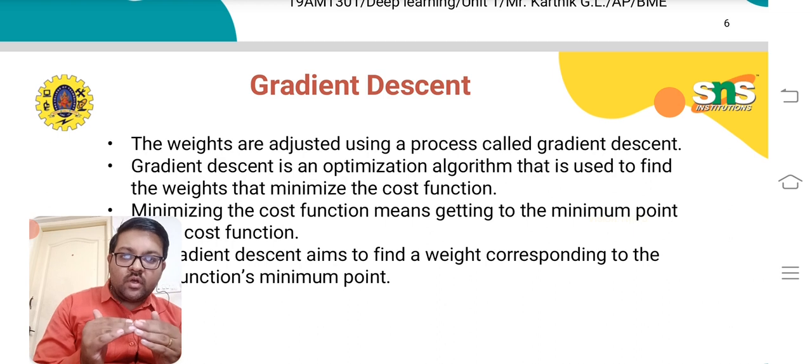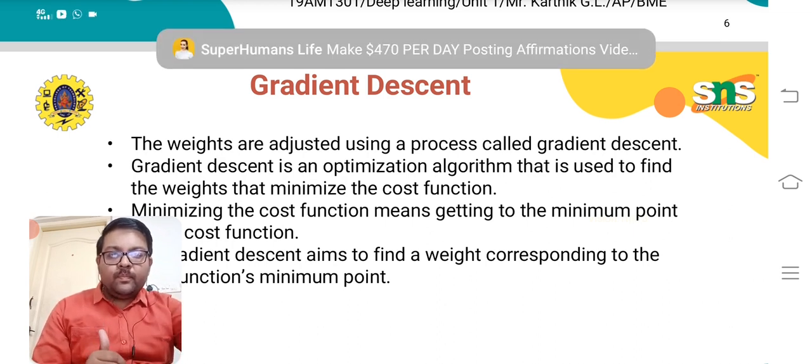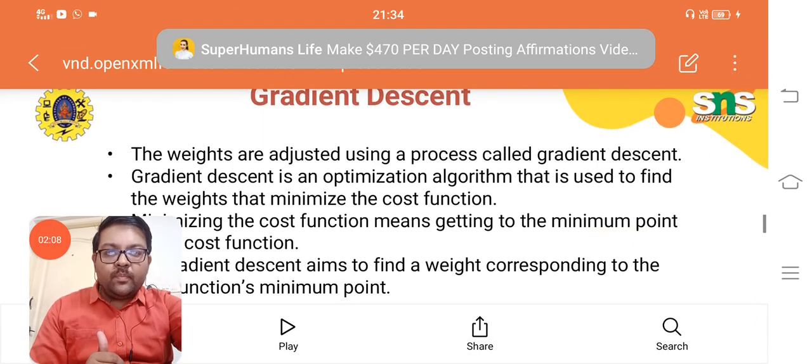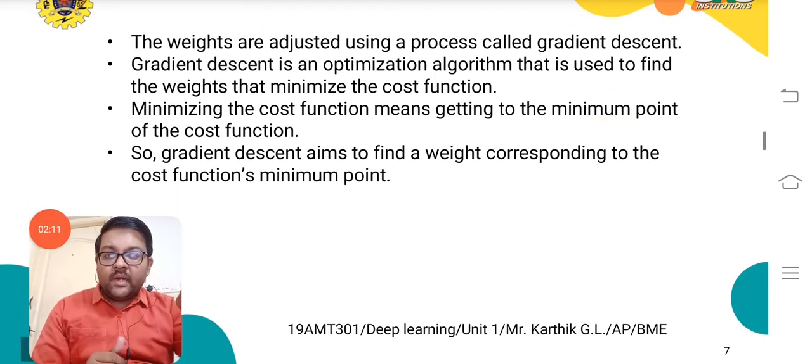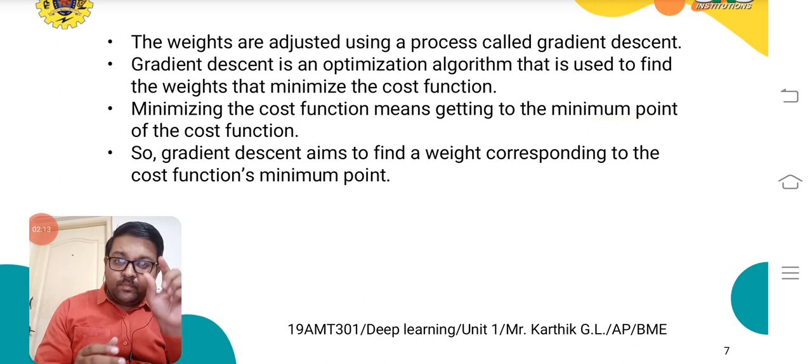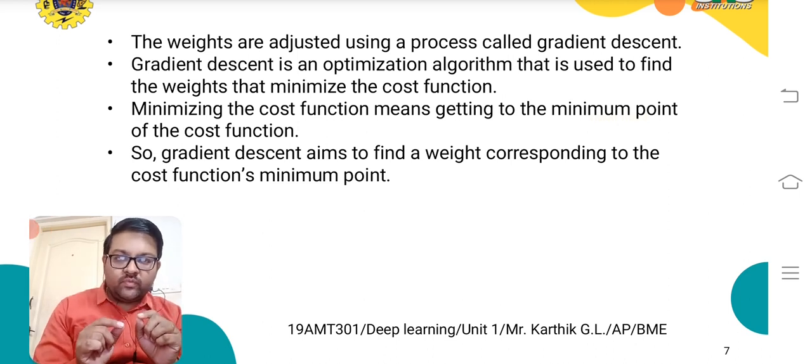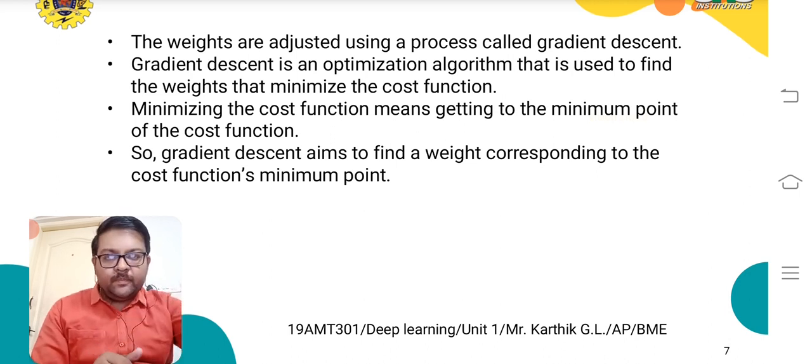Minimizing the cost function means getting the minimum point of the cost function. In that curve, we want to identify the minimum point of the cost function. So gradient descent aims to find the weight corresponding to the cost function's minimum point.